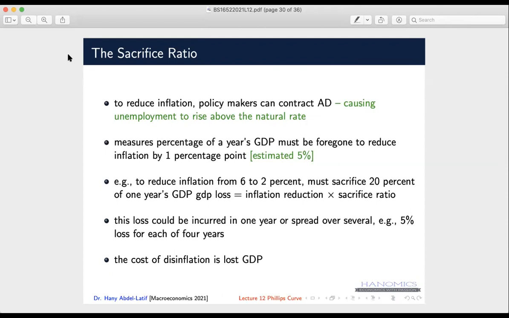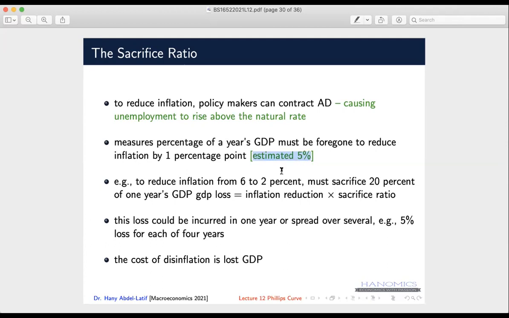So if we want to reduce inflation by 1%, that means I have to reduce output by, let's say, 2% or 3%, or some papers estimate this at 5%, for example. So this is kind of an estimation.